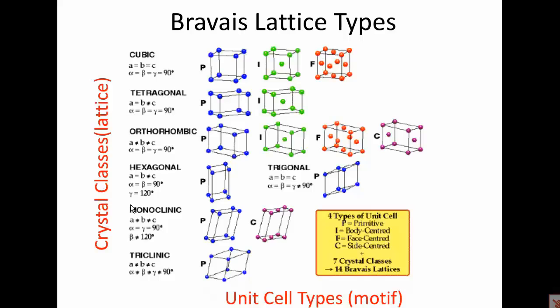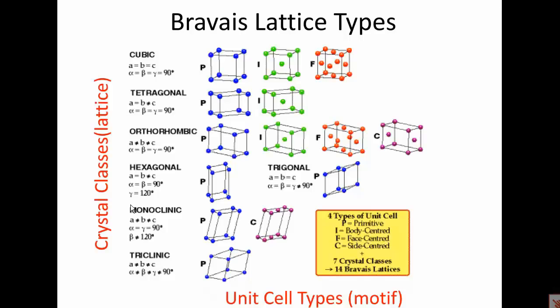Through mathematics, it has been shown that there are only 14 types of lattice. These are called the Bravais lattice types. Here they are arranged according to categories. In the top row, we have the cubic lattice types. In the cubic lattice types, all the sides are equal.